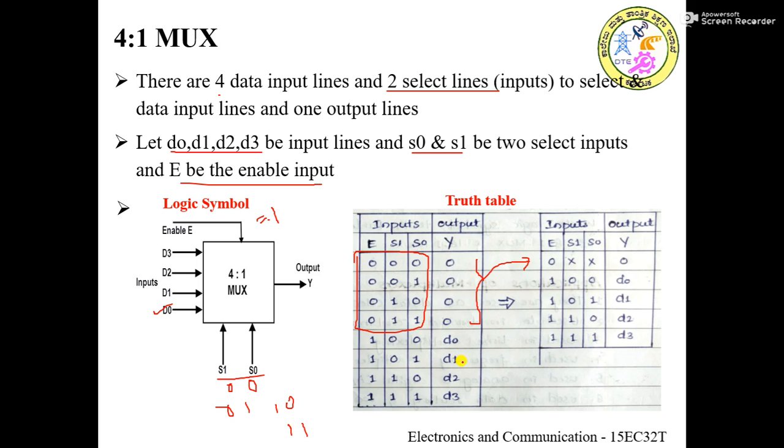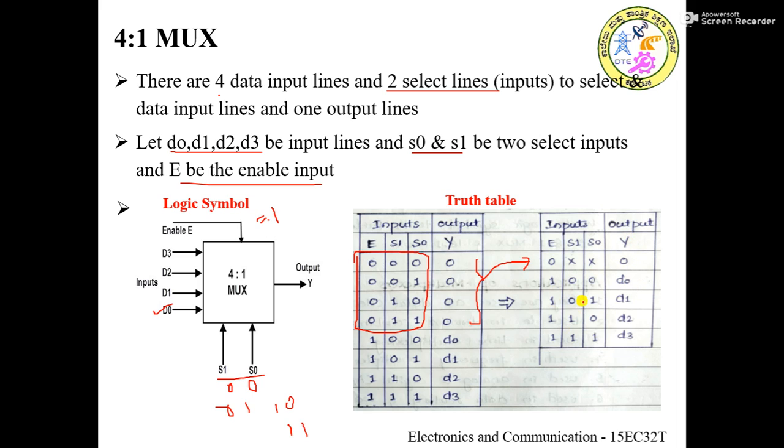With 0 1 it is D1, with 1 0 D2, and with 1 1 D3. The same is rewritten here. Whenever the enable is 0, whatever may be the content on the select line, output will remain 0. And with enable 1, with S1 S0 as 0 0, D0 is selected, first line is selected, and it is routed on the output line Y.